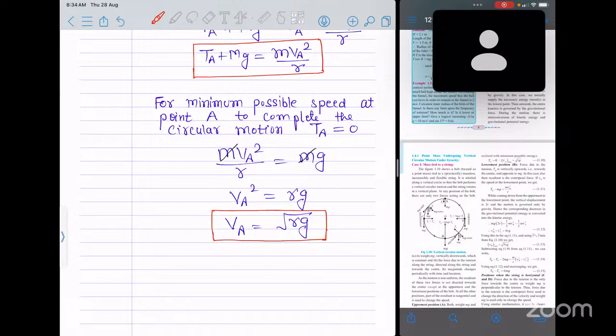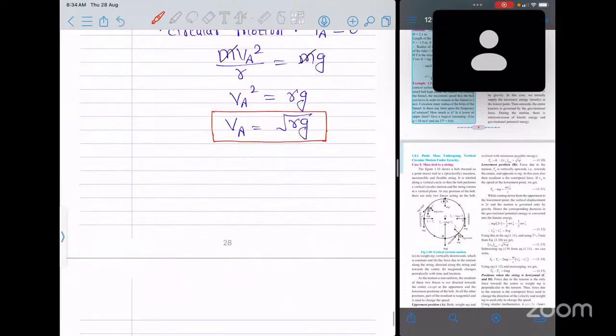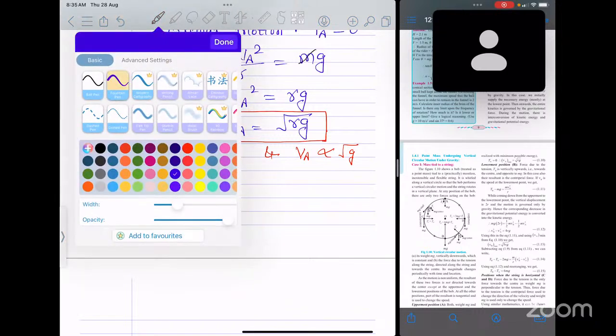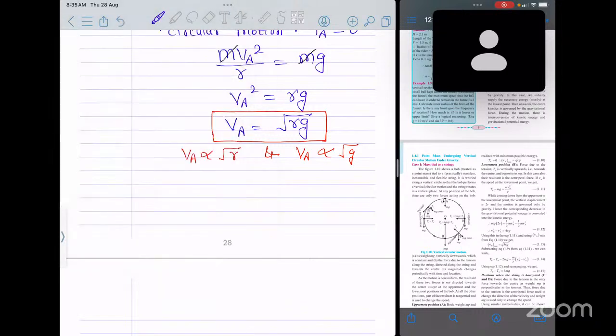This formula also tells us that VA is directly proportional to square root of r, and also directly proportional to square root of g. G is not the concern, because at any particular place the value of g will be constant, so we take it simply as 10 meter per second square or 9.8 meter per second square.